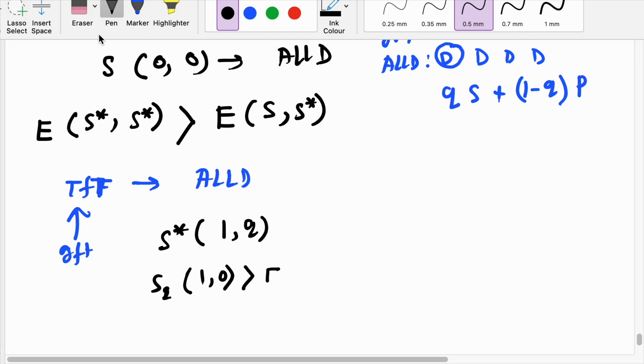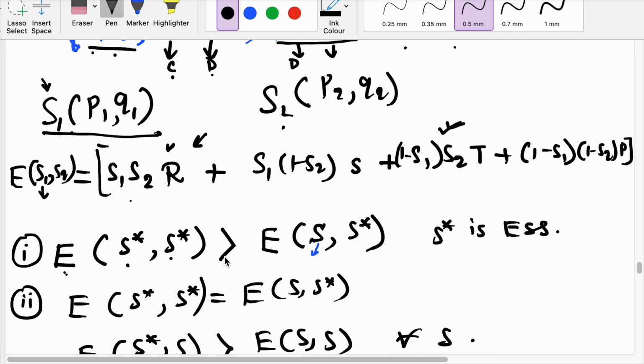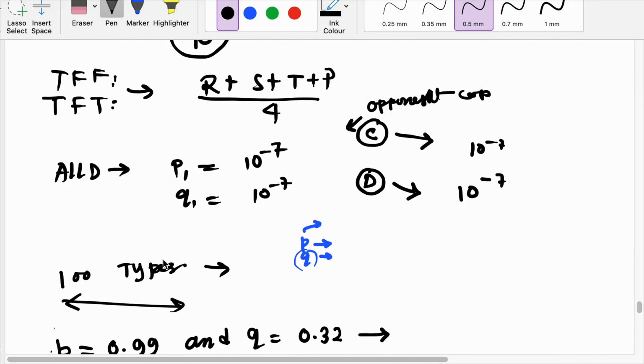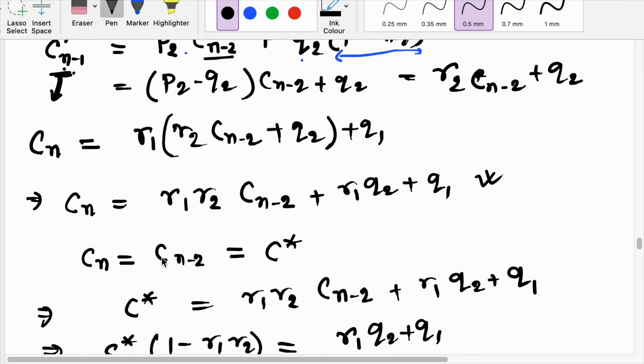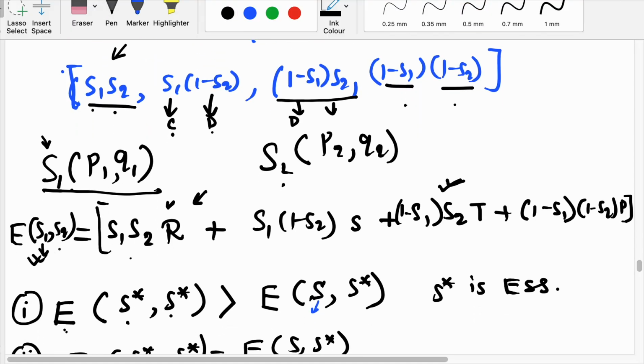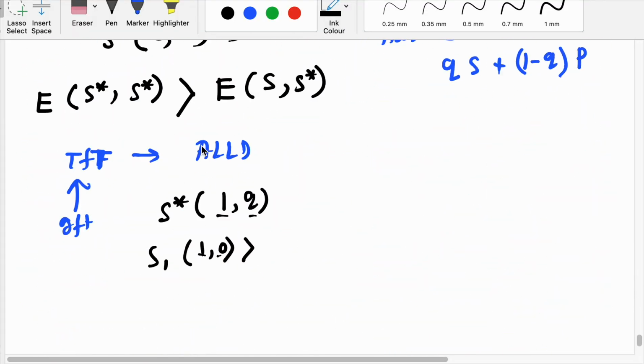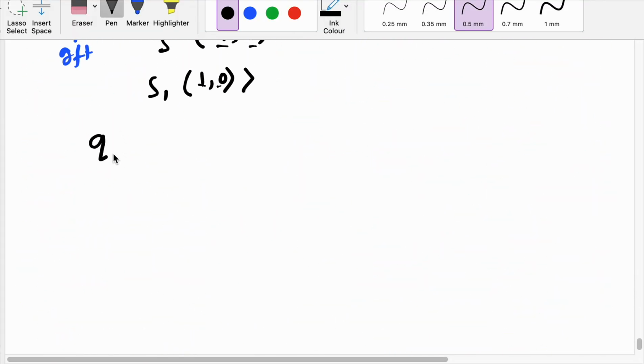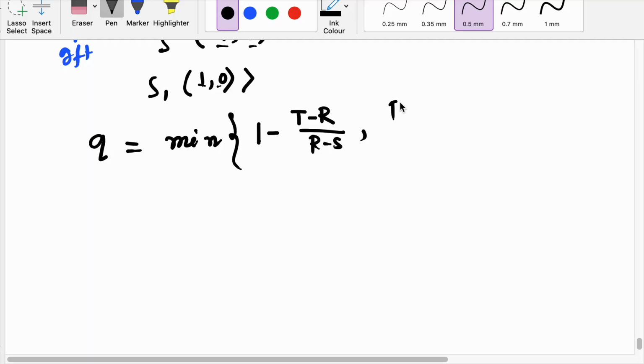If you put this P and Q number in the formula to calculate this ESS, not the expected value of payoff, you will always get this result, that this q has to be in between the minimum of 1 minus (t minus r) by (r minus s), and (r minus p) by (t minus p).